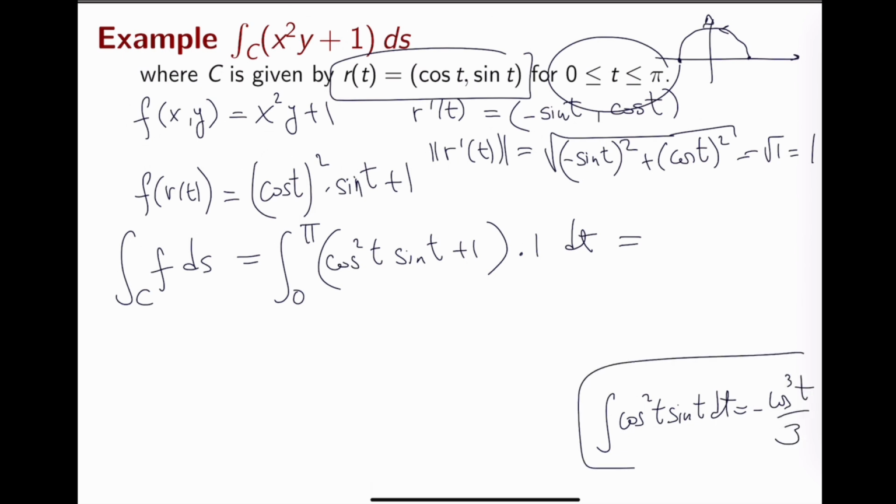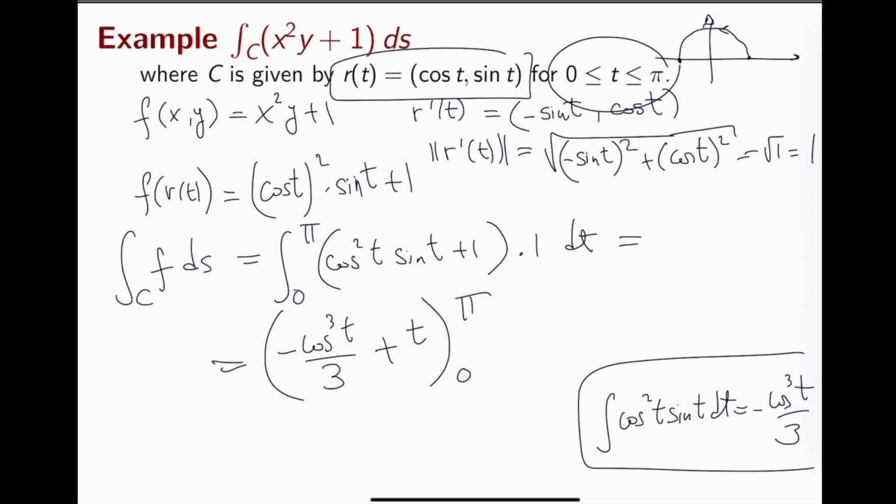This is just doing a change of variable. So once we have this primitive, we come back here, and this will be equal to, using the primitive here, minus cosine cubed of t over 3 plus the integral of 1, which is t. And this will be evaluated between 0 and pi.